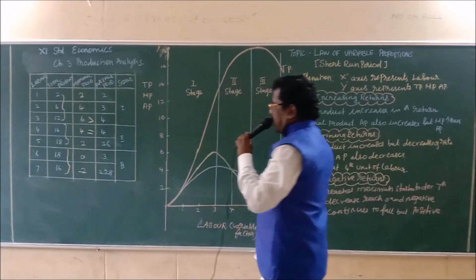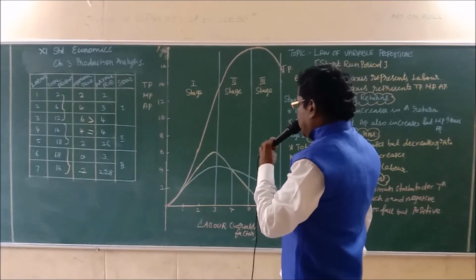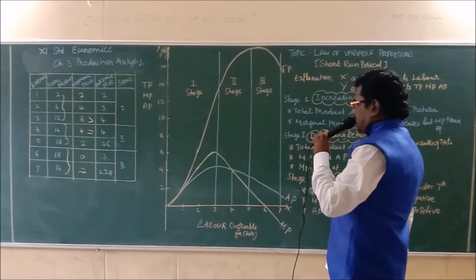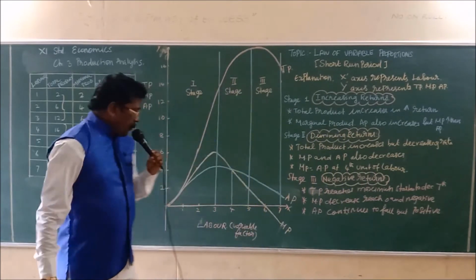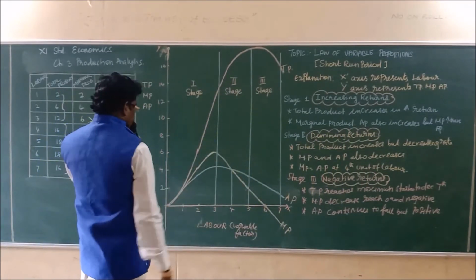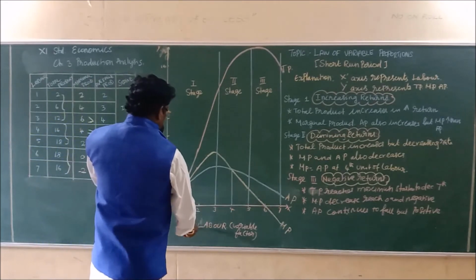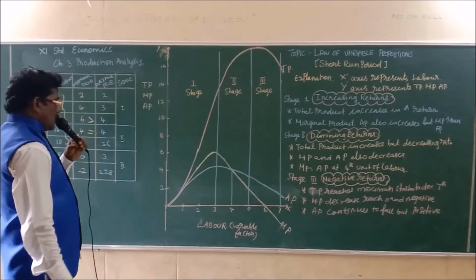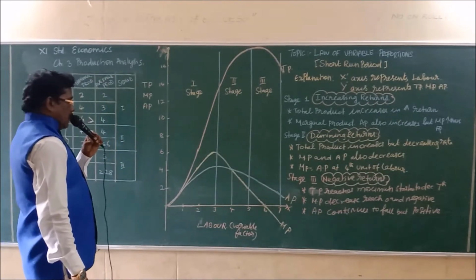So here is the diagram based on the table. We have to prepare the diagram. Short-term production analysis. The x-axis represents the unit of labor, that is the variable factor, so see the table 1 to 7. So 1 unit equals 1 unit.